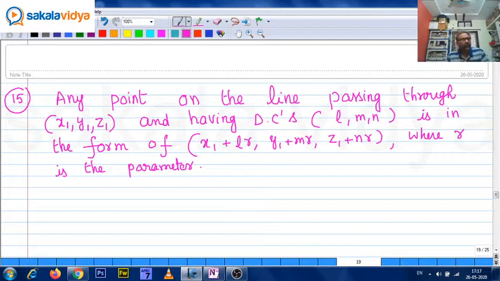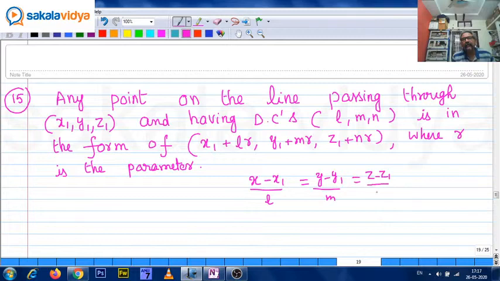Yes. So that means actually you see, you can write it like this. Where is the L? I will explain, don't worry. See, the equation of the line is x minus x1 by A, meaning L, write down here. Y minus y1 by M, write down. Z minus z1 by N, write down.